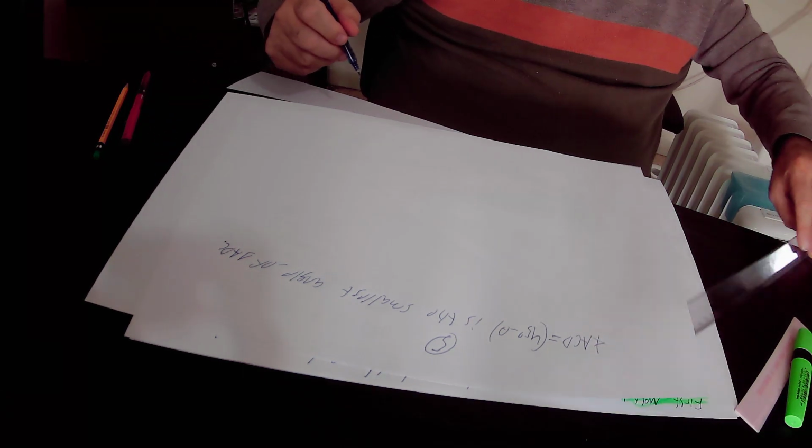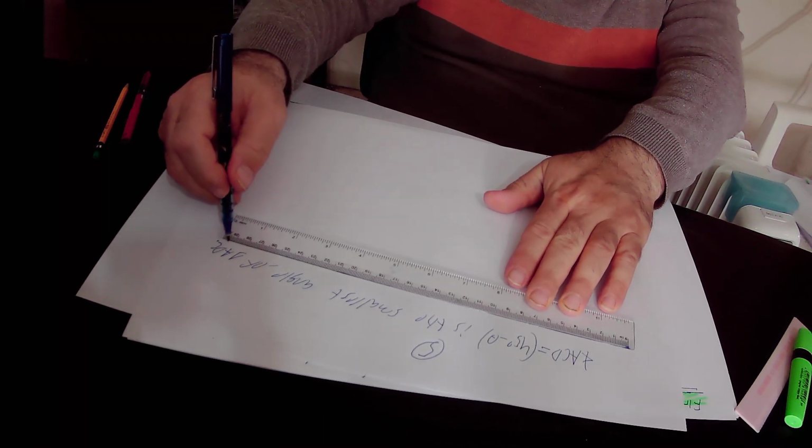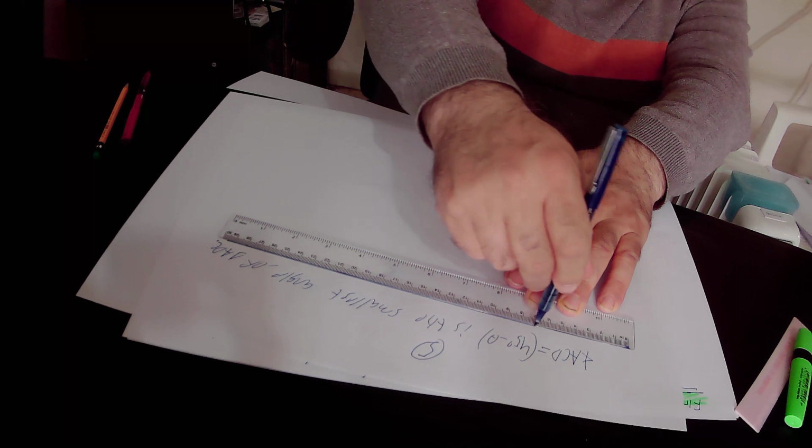I'll repeat again. Angle ACD that is equal to 45 degrees minus theta is the smallest angle of triangle ADC.